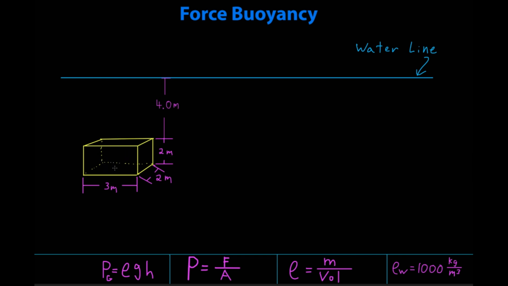Now, the first thing we should note is that if we are trying to find net force, we should first try to find any forces that cancel out. And in this situation, there are some. First of all, the area on this side of the box and the other side of the box here are the same. The average depth is also the same.